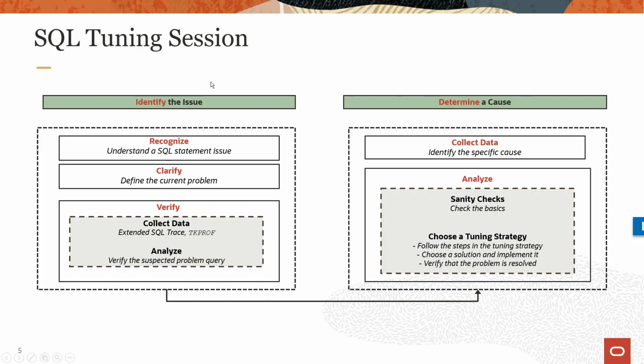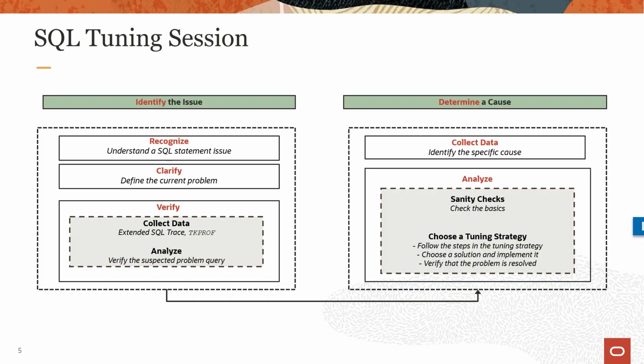Now, the first step in the SQL tuning session is to recognize that an SQL statement is a bad SQL. You then need to define what is then the actual problem. Clarify the details of that issue. And then by means of collecting data and analyzing that collected data, verify that the issue is the problem.